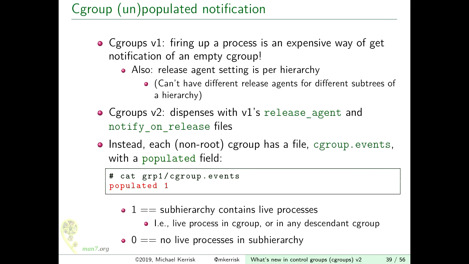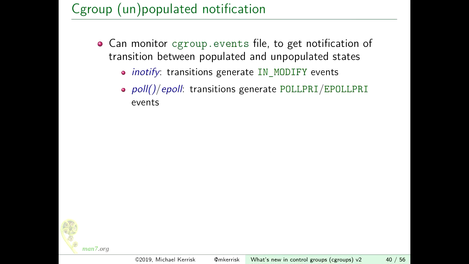So cgroups version 2 does things completely differently. Instead, nowadays, in each cgroup directory, there's a file called cgroup.events. It's a key-value file. At the moment, there's only one key there. It's one called populated, and that key populated has the value either 1, meaning there are one or more processes in this sub-hierarchy, or 0, meaning there are no live processes in this sub-hierarchy.